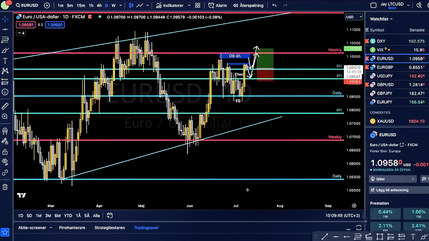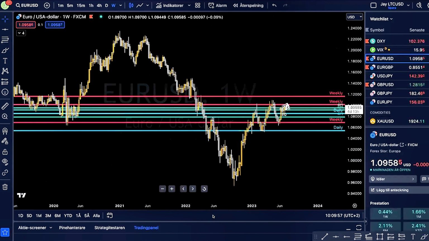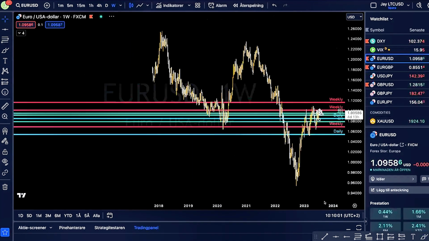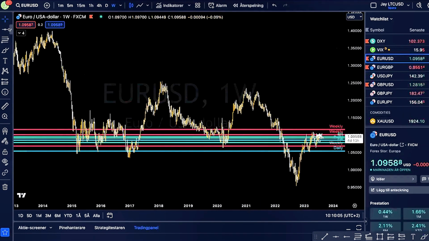So going to the weekly again, what is EURUSD doing? Well, we're on a massive downtrend.